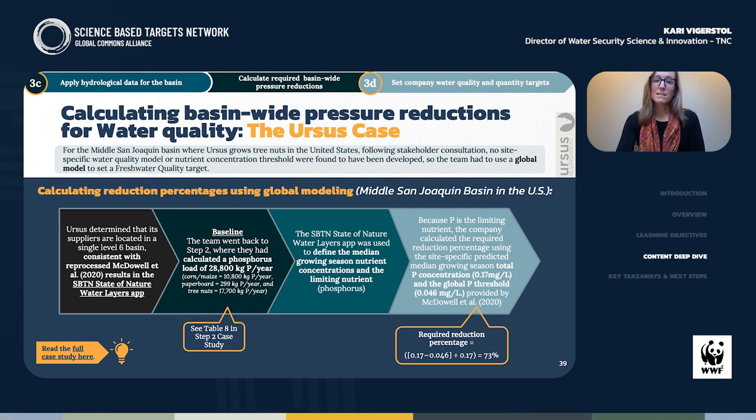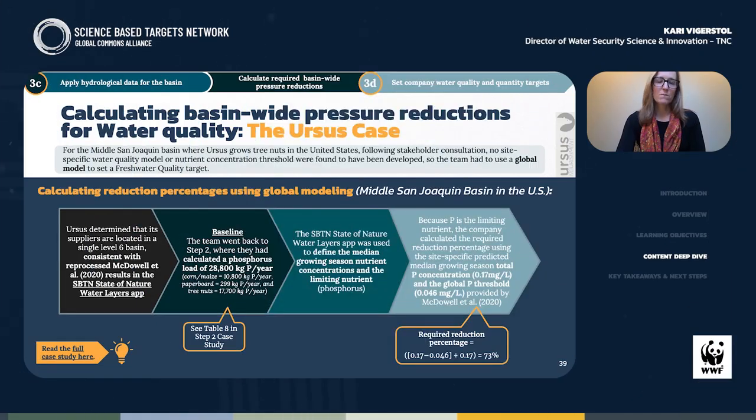For its baseline, URSUS determined that its suppliers are located in a single level 6 basin consistent with reprocessed McDowell et al. results in the SBTN State of Nature Water Layers app, with a calculated phosphorus load from Table 8 in Step 2 of the case study of 28,800 kilograms of phosphorus per year.